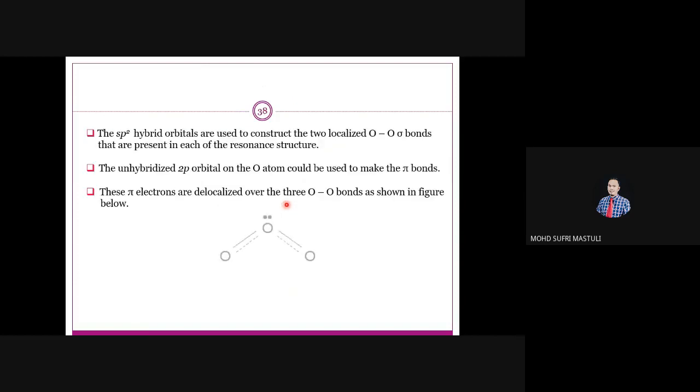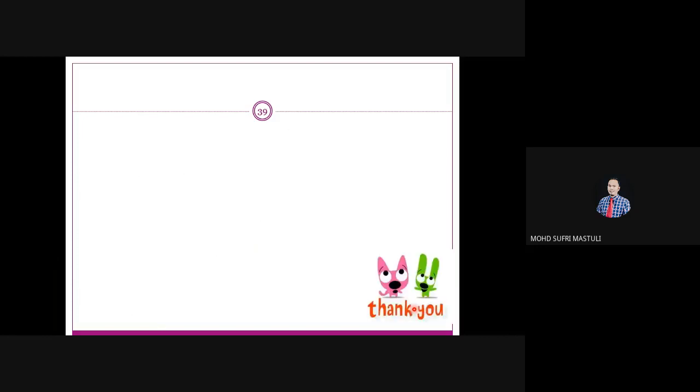So this dotted line indicates the delocalization of the pi component in ozone. As a conclusion, there is delocalized pi bonding in each of the resonance structures.